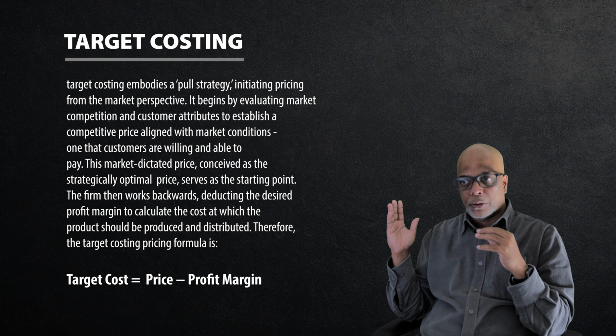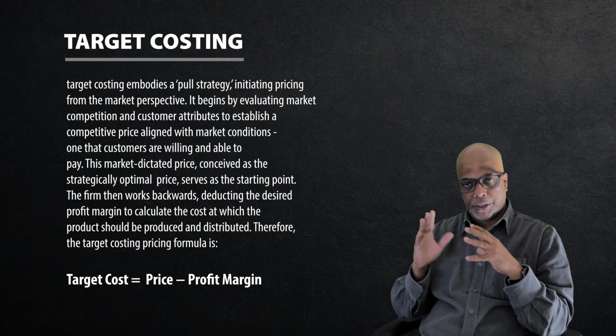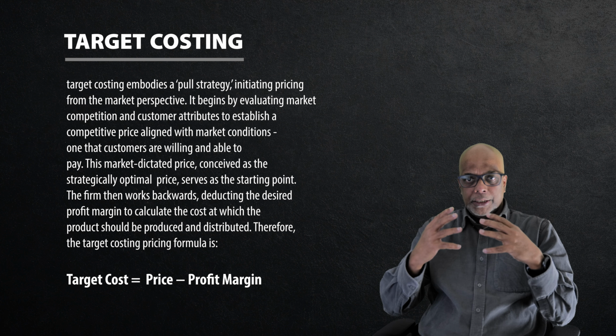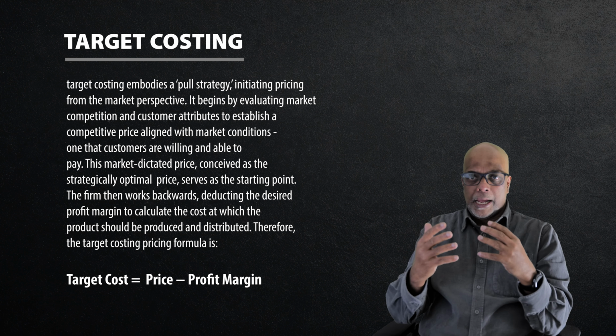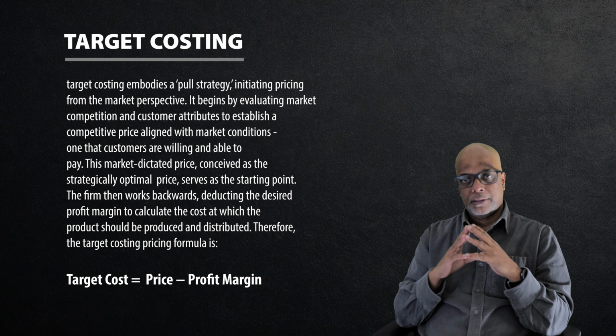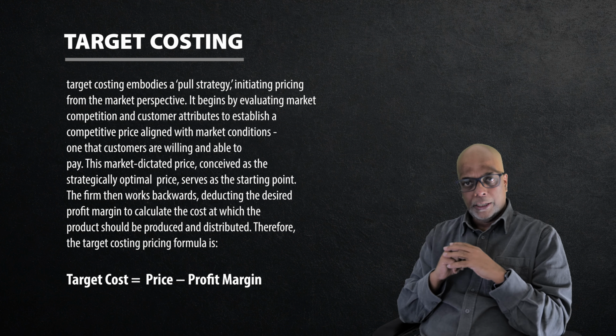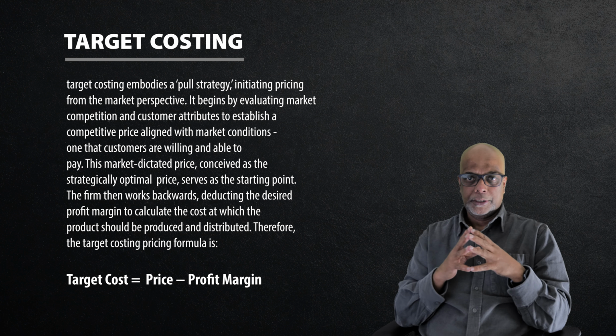That's why we start the equation: cost should be equal to price minus profit. So our target is to ultimately understand the cost at which we should produce this particular product. And the starting point is the price, that is the market.